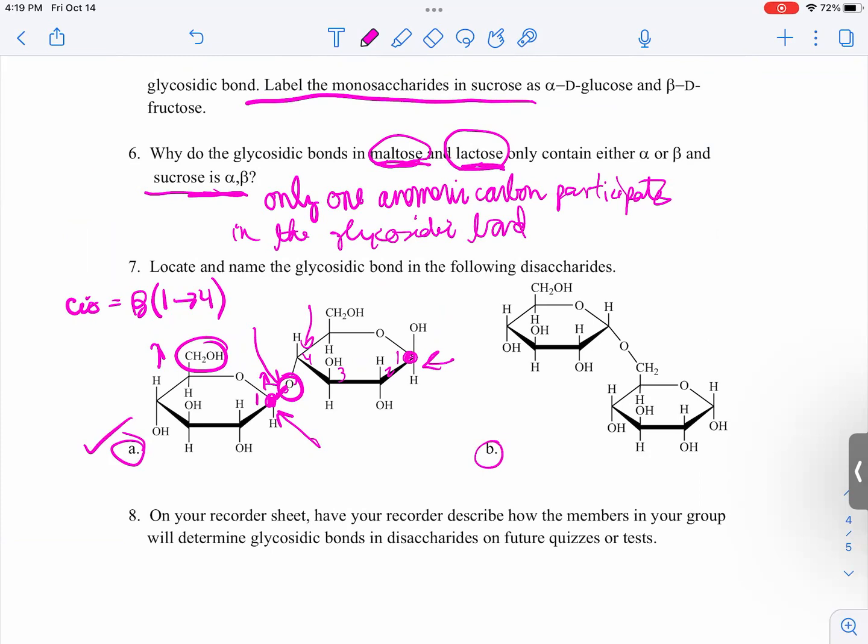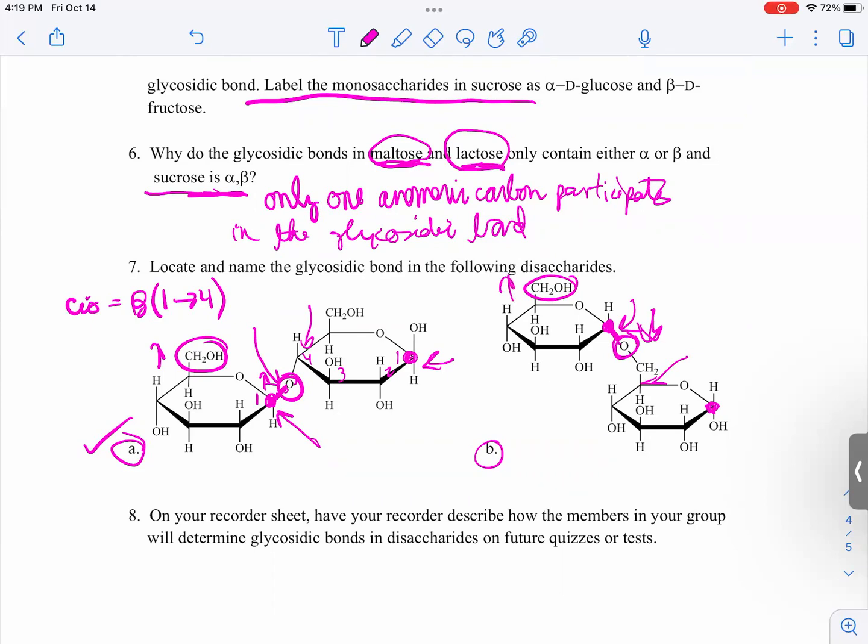Now let's do B. We have, right, our anomeric carbon here, and we have an anomeric carbon right here. And we have a carbon that's involved in this bond, but it's not anomeric. This carbon is anomeric and it's involved in the bond, so this is the glycosidic bond. And orientation, our oxygen, our bond is down. Our 6-carbon group on the ring that has the anomeric carbon that's involved in the bond is up.